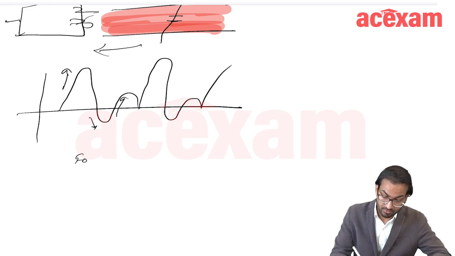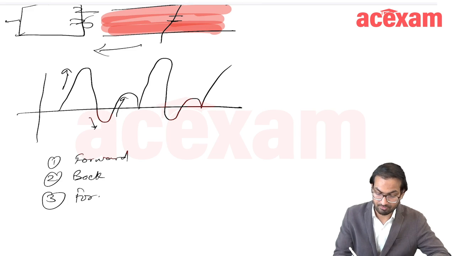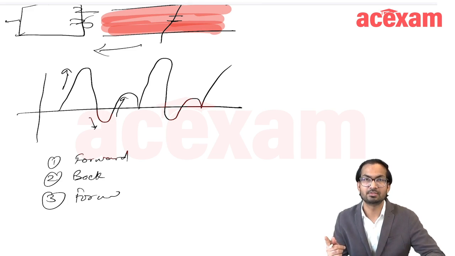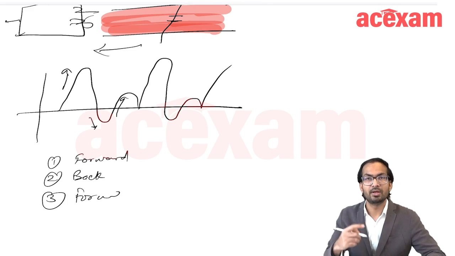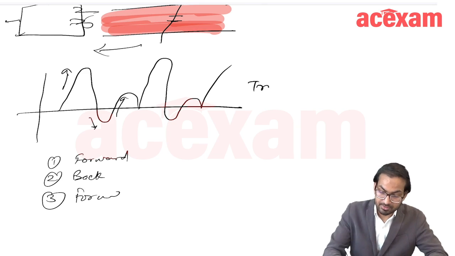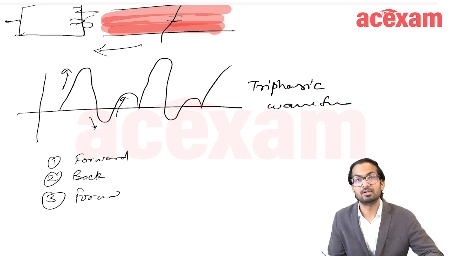So once forward flow, then backward flow, and third is again forward. Whenever the direction is changing, we consider that one phase. So forward to backward is one phase, backward to forward is another phase. So this is a typical triphasic waveform.